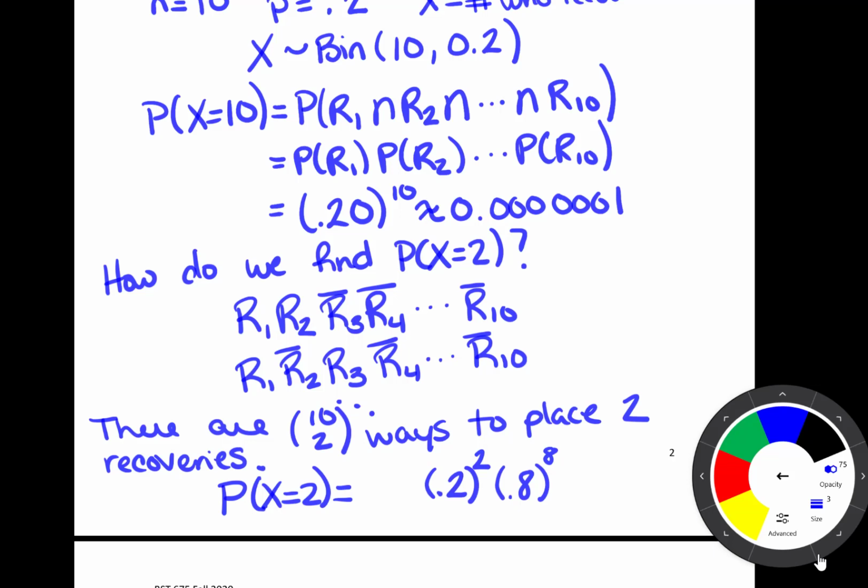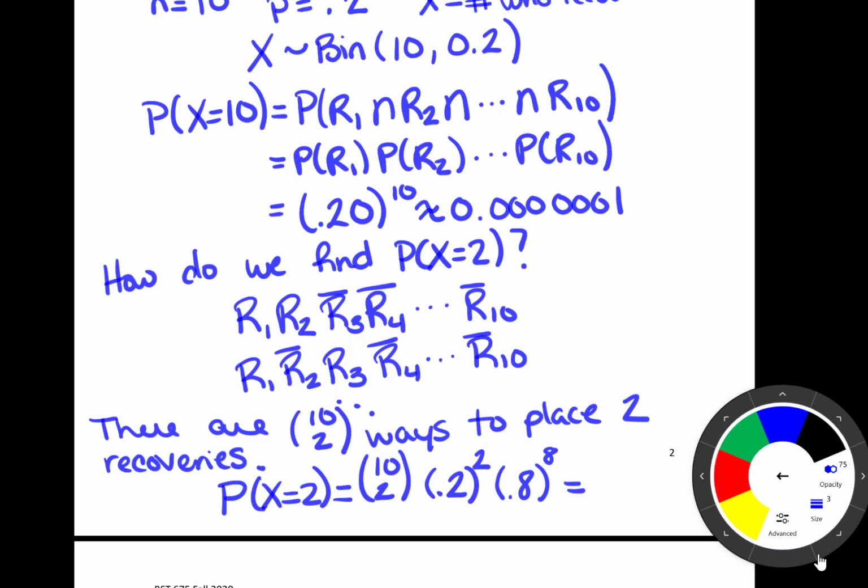Again, this is just by coincidence that we have 2, 2, and 8, 8 here. Doesn't usually happen. But then I need to account for all the different ways that I could find those 2 people who recover out of the 8. And so we've got 10 choose 2 out here in the front. And this is how we could find the probability that 2 people out of the 10 recover.